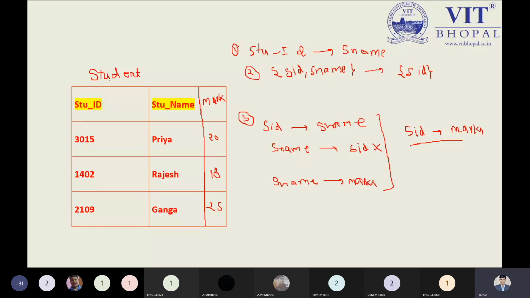Anyone who needs to ask questions so far? Sir, please explain this once again. Okay. Student ID and student name. I'm writing student ID, comma, student name. Okay, I'm writing here once again over here.